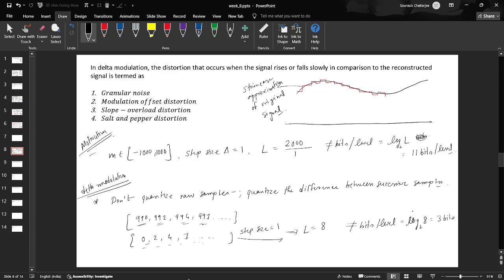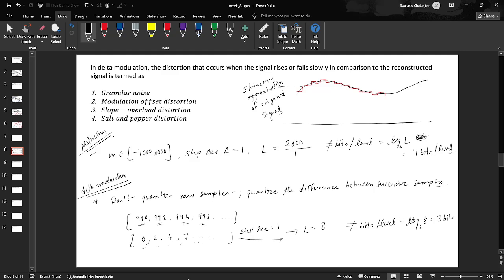So for the same quantization error, earlier you were paying 11 bits per quantization level. That is expensive to implement, difficult to store from a memory point of view, and problematic to transmit because efficiency is low. Now you need only 3 bits, so your quantizer only needs 8 levels. That's a significant improvement.